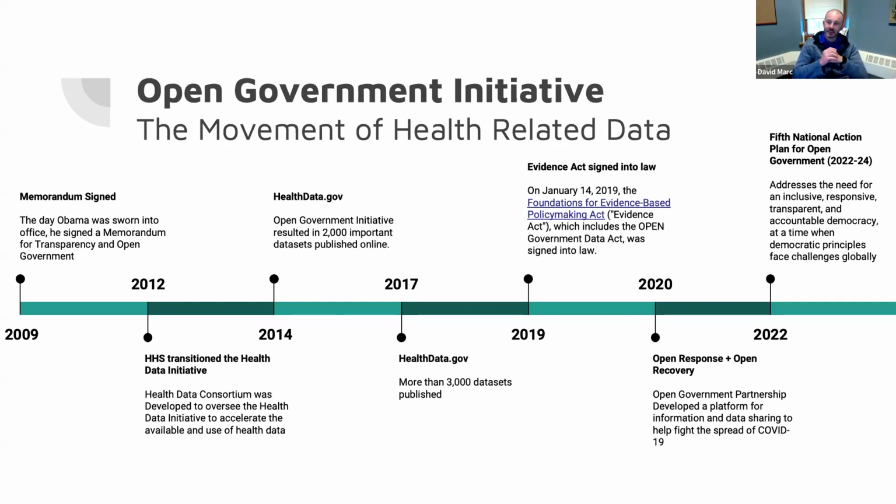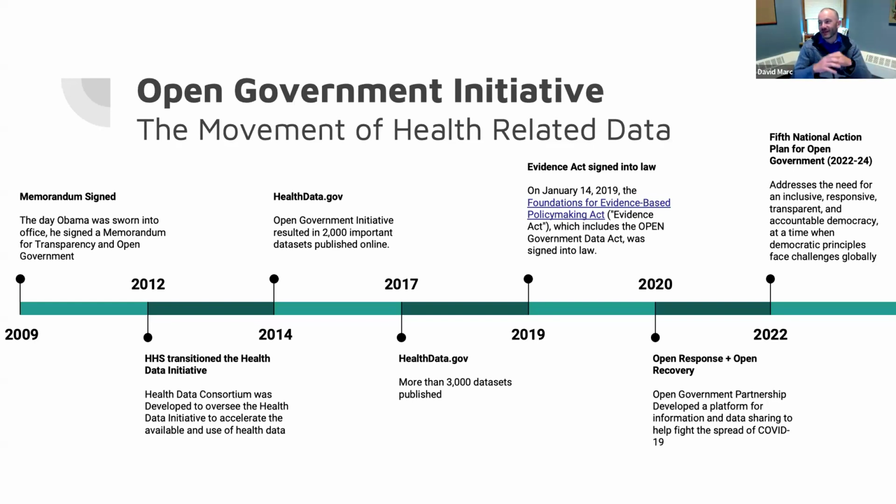In January of 2019, the Foundation for Evidence-Based Policymaking Act was published, and that included the Open Government Data Act that was signed into law, which did outline some regulations, like consequences if federal agencies didn't participate.